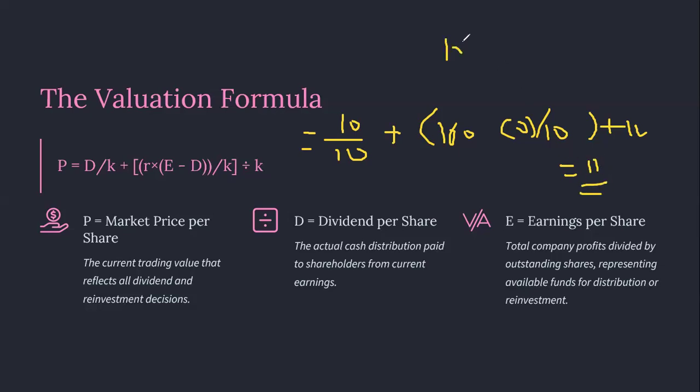So for 10 rupees, I am paying 11 as a dividend, and this extra dividend I'm paying, 11 rupees, is ultimately resulting in degrading the value of my firm.